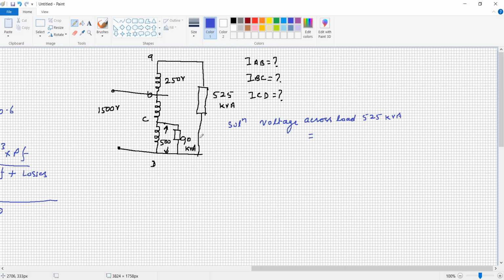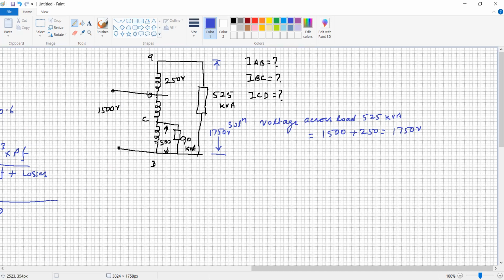This voltage is 1500 up to this one and 250. So 1500 plus 250 is equal to 1750 volt. So this is the numerical. It is given in the black color is all the given data. I am writing by the different color. So the voltage is 1750 volt.